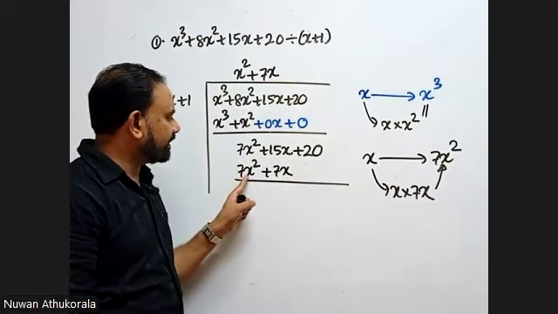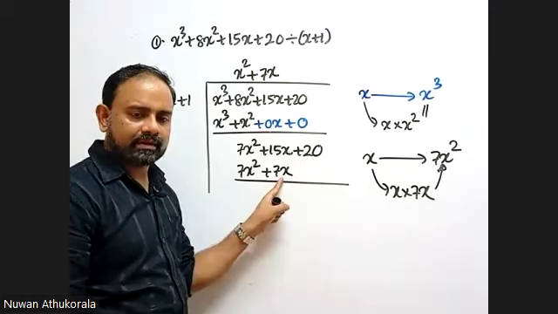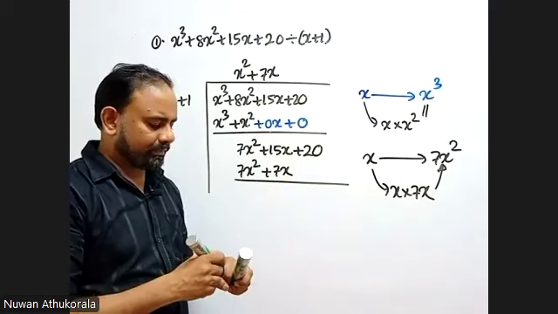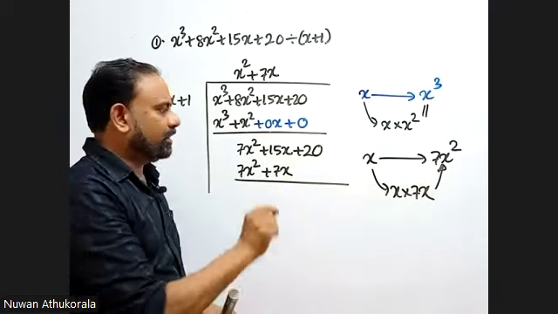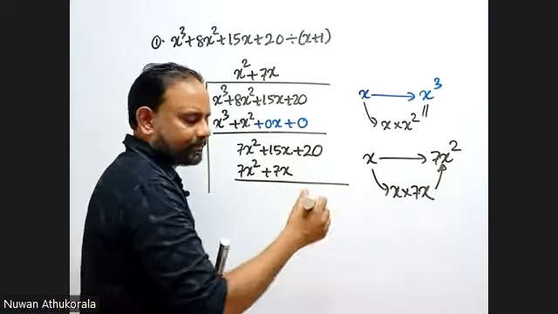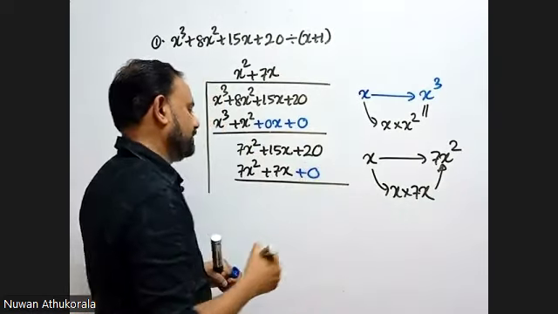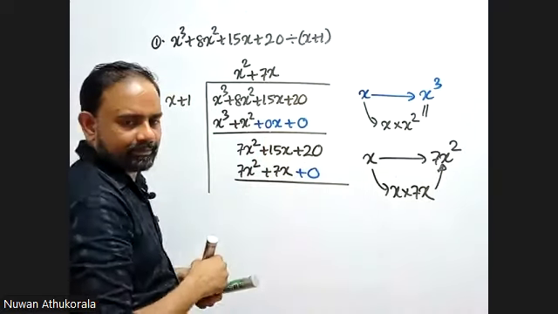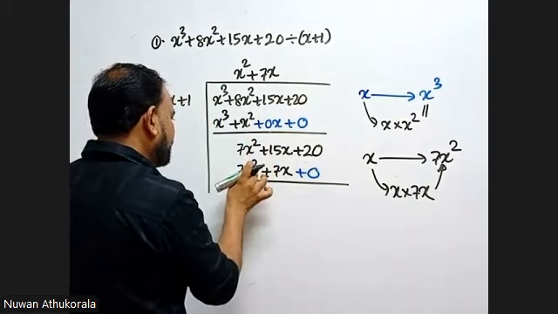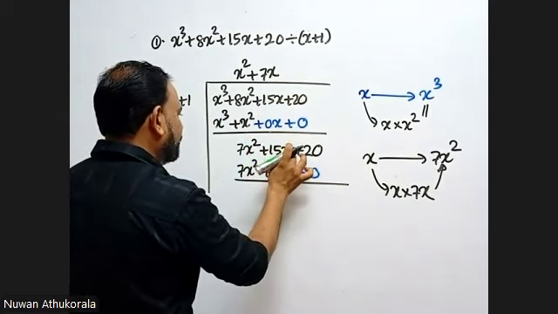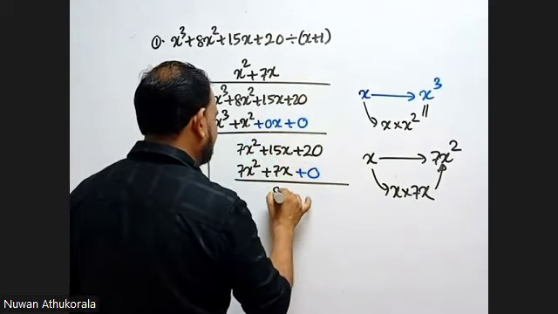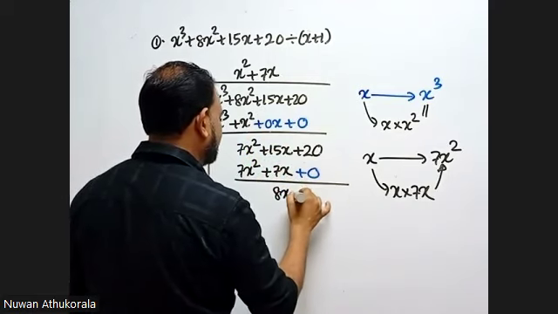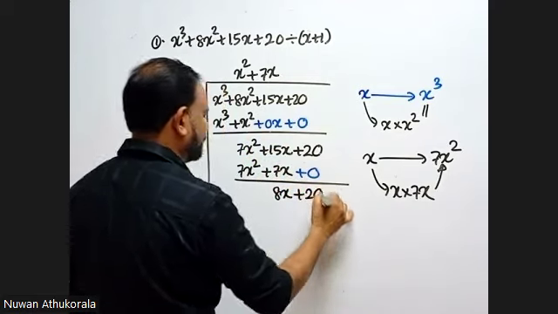The function 7x squared plus 7x, there is no constant term. We can assume constant term is 0. Subtract these two polynomials, right? 7x squared minus 7x squared 0, 15x minus 7x is 8x, 20 minus 0, 20.